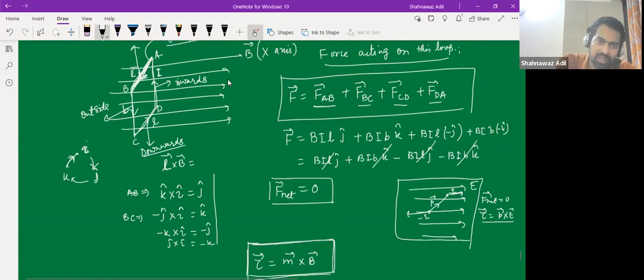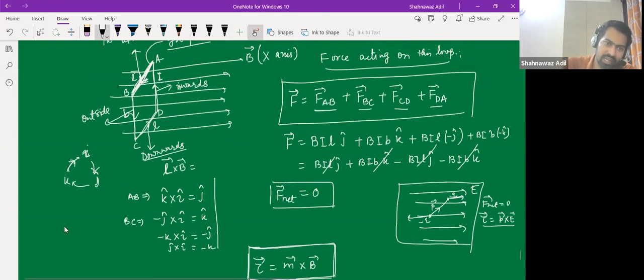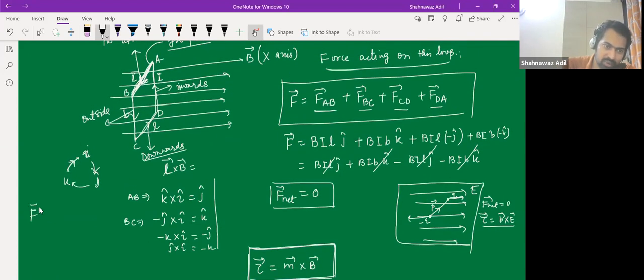So what did we calculate? Magnetic force was I L cross B. This was the magnetic force, right, Aisha?